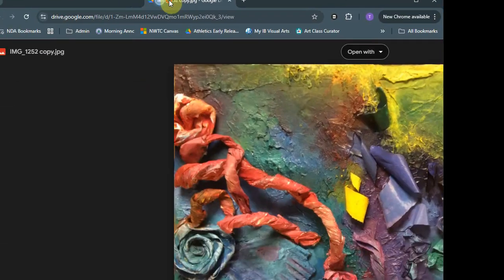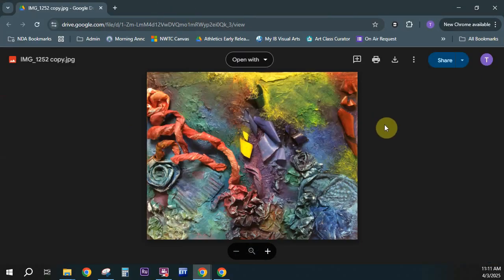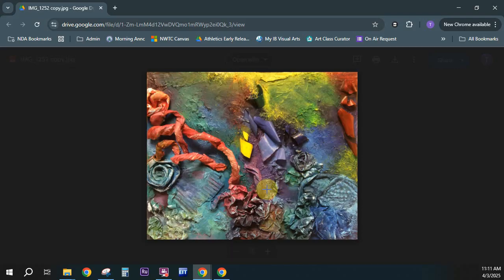Let me show you one finished example. This is what I would consider to be a particularly strong example. So it uses a lot of textures, and not just the same textures, but different textures. There's some really coarse texture. There's some finer texture. There are some very three-dimensional elements.